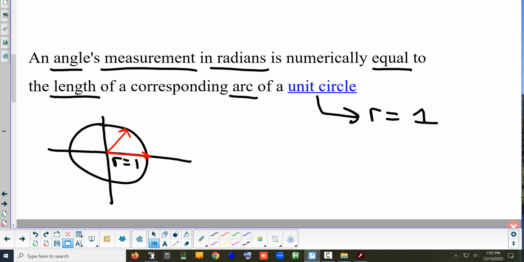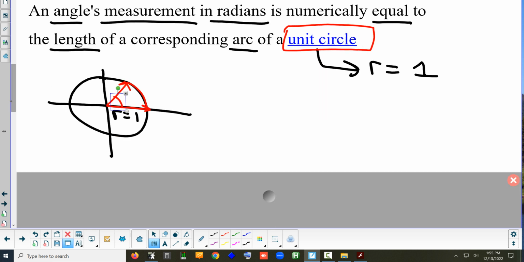What that sentence is saying is that if you measure this angle in radians and you measure the length of this arc, they will come out exactly the same. How many radians in this angle will equal how many units in that arc. Those two things are always the same on this type of circle. So let's draw this. Same thing.